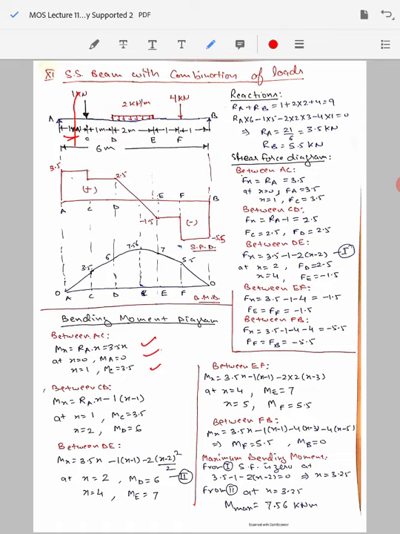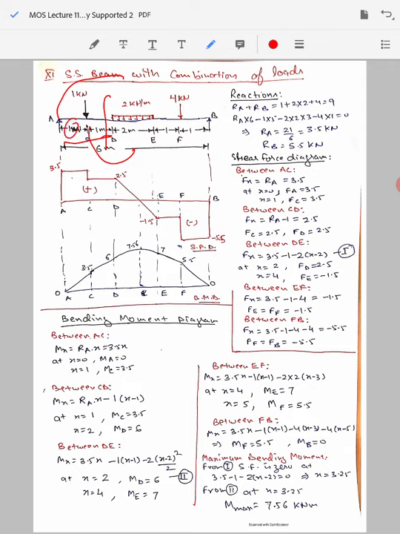When you go for the next span, things are still straightforward, and you cut it anywhere between C and D. There are two forces, RA and 1 kilonewton. So there will be a moment because of RA in a clockwise fashion, so that will be RA into x, and then there is an anti-clockwise moment because of the 1 kilonewton load, which will be acting at a distance of x minus 1 meter.